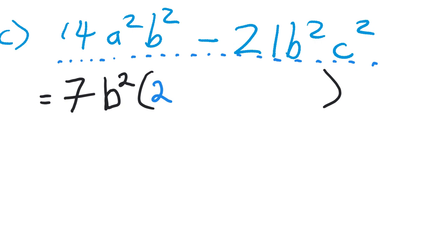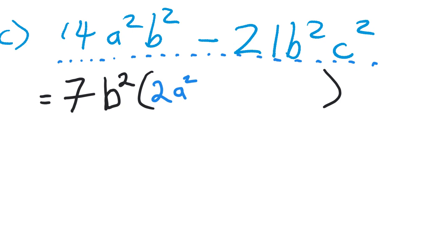A squared divided by nothing is still a squared, so we don't do anything. We leave it in there. So we got a squared. And you'll notice that we have b squared divided by b squared, which is 1, so it's nothing. We don't write anything, and we move on to our next term.